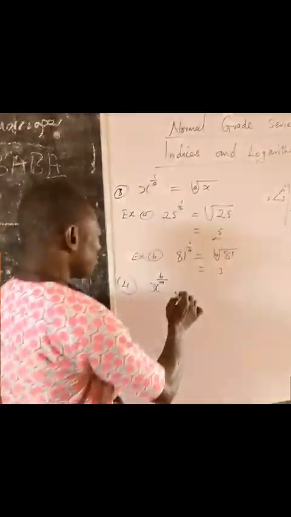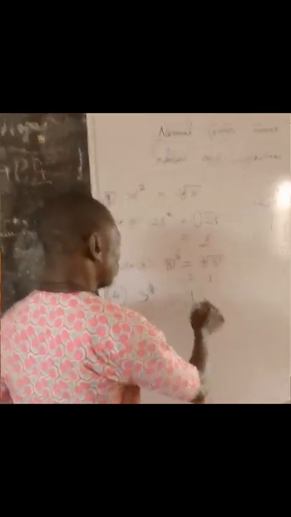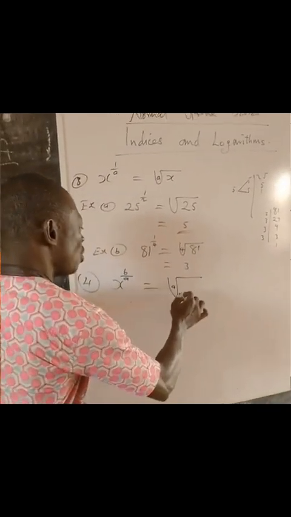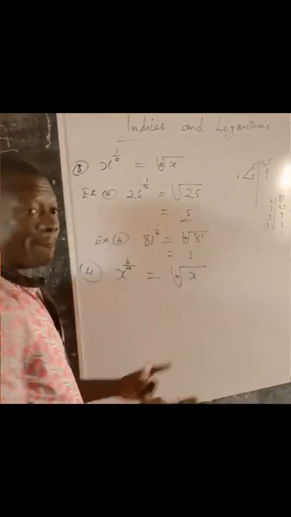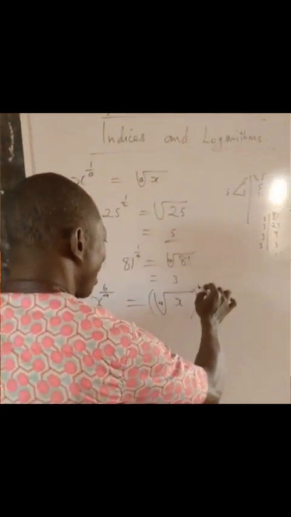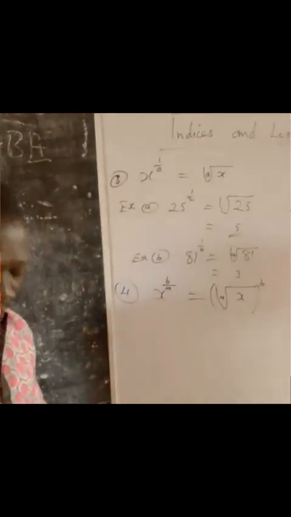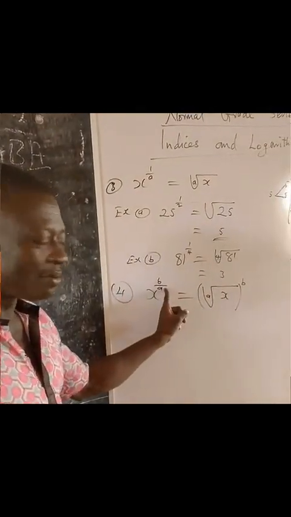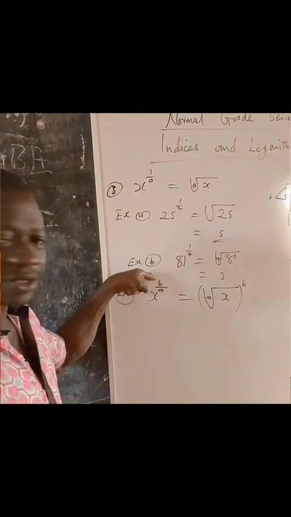And so, the law says we should take it the way we took the other one, that is going to be a root of x. But we are going to say all raised to power b, the numerator. Always remember this. Root of the denominator raised to power numerator.